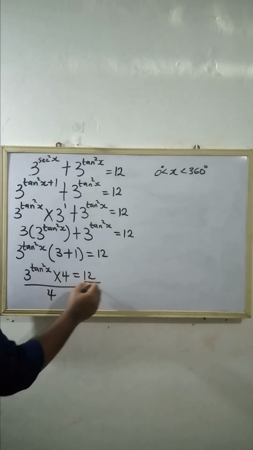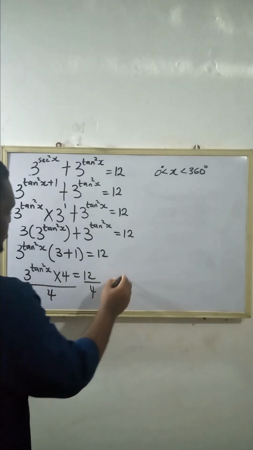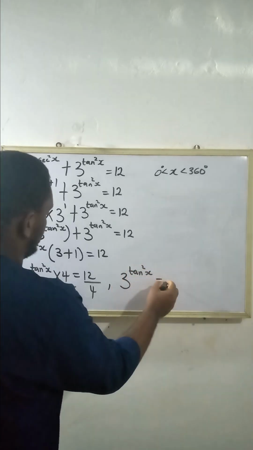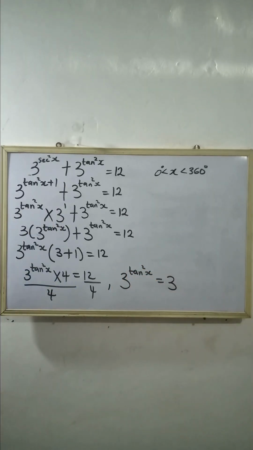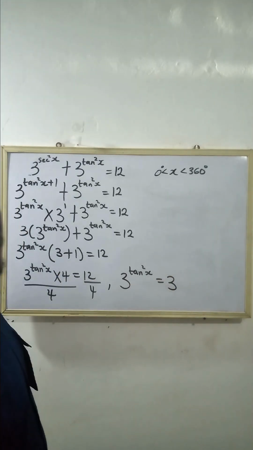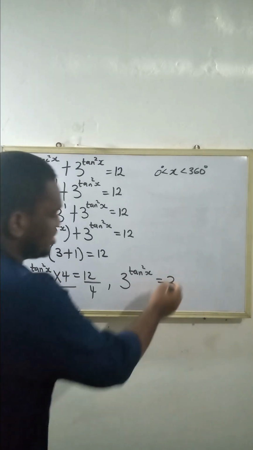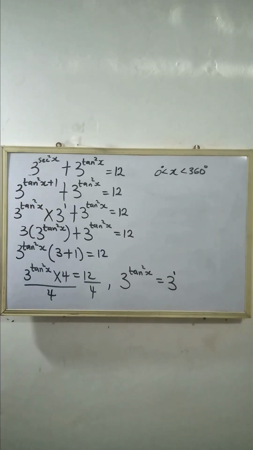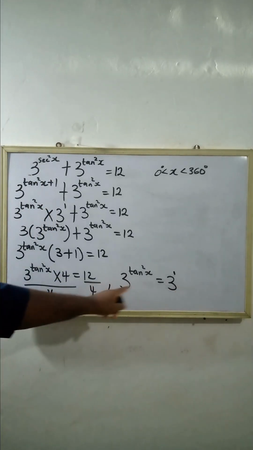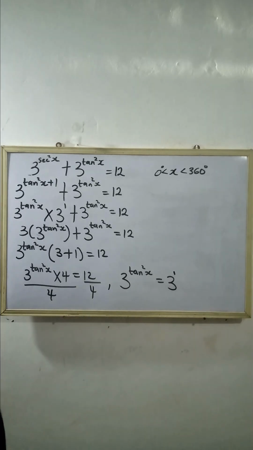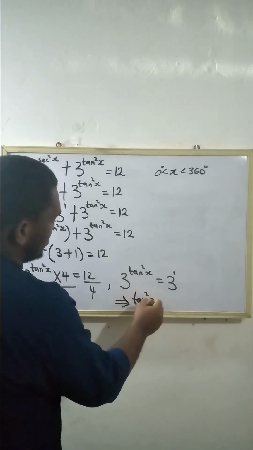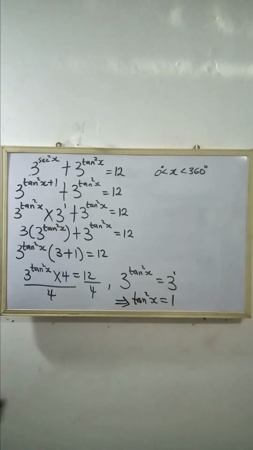Divided through by 4, 3 to the power of tan squared x equals 3. Of course the exponent on the right hand side is 1, so I can say 3 raised to the power 1. Since the base is the same, we can imply that equality holds for the exponent. So tan squared x is equal to 1.